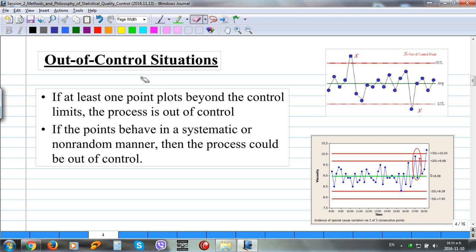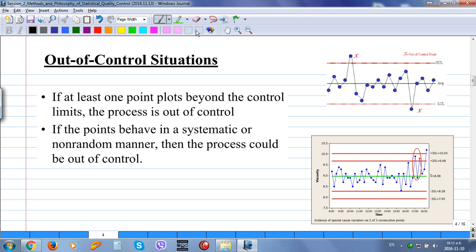If at least one of the points is beyond the control limits, the process is out of control. Here you can see this point goes beyond the upper control limit, and this one goes beyond the lower control limit.